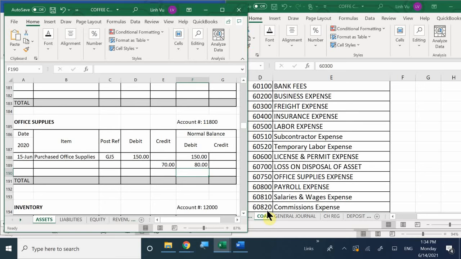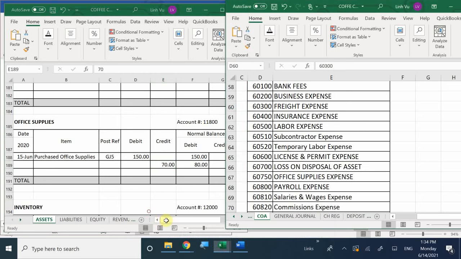With an expense account, it's as if we used it, got rid of it, or sold it. That's what an expense does, or we purchased it to use it. So office supplies expense is going to represent the amount of office supplies that we used for the month of August. By calculating the difference to get to 80, we know that we used up a total of $70 worth of office supplies.